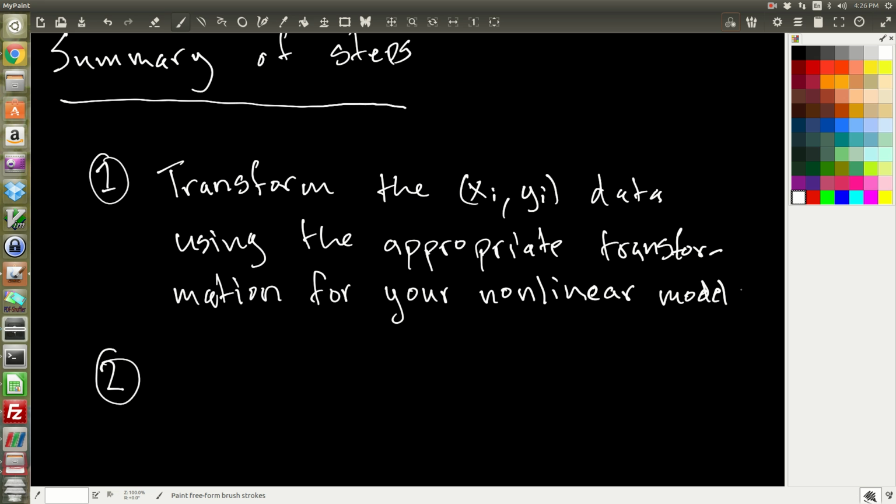Okay, hold on. So transform the xi, yi data using the appropriate transformation for your nonlinear model to get xi prime, yi prime, linear data.